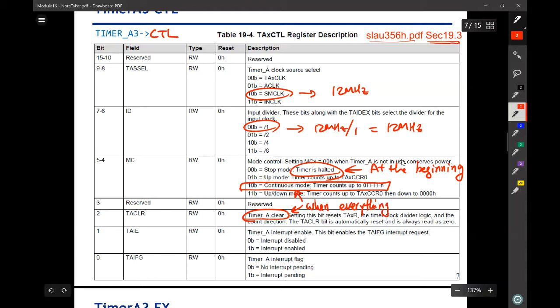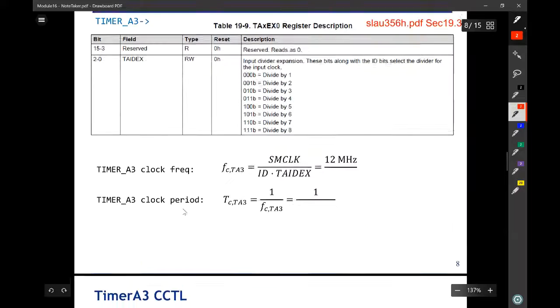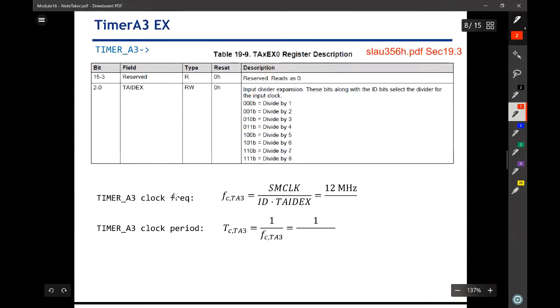When everything is ready, in this case you need to disable interrupt. So you disable interrupt for CTL, but later you have to enable the interrupt for the next register, I mean CCTL. Okay, how about the EX register? In your code it is going to be EX0. Because we're gonna use pre-scale of 1, you need to use divide by 1.